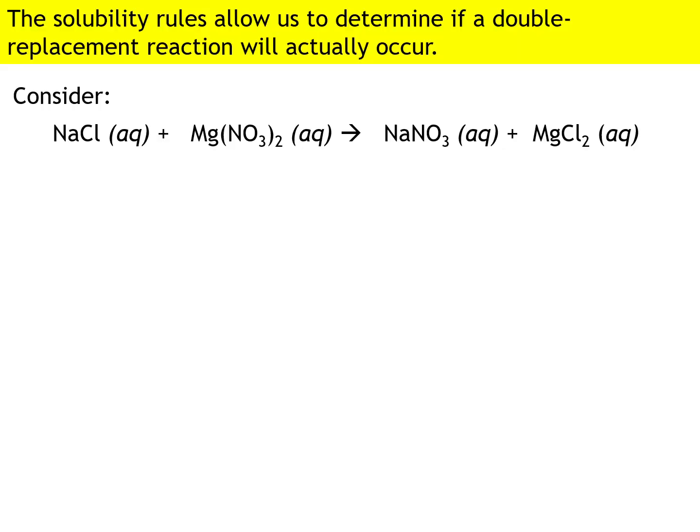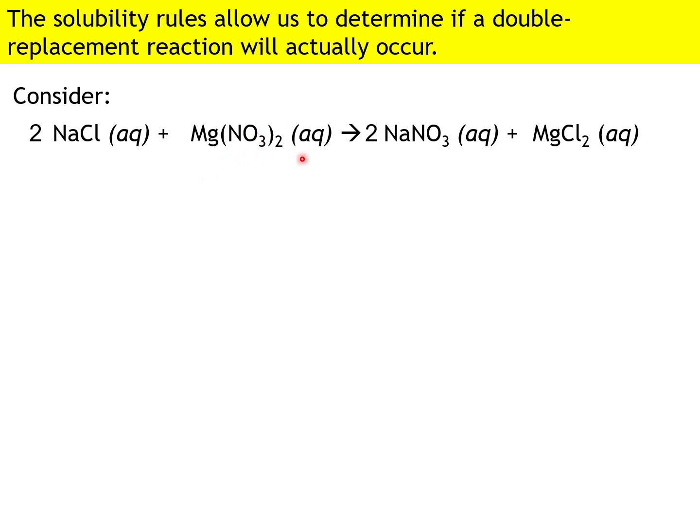All right, so solubility rules allow us to determine if a double replacement reaction actually occurs. So here we have a double replacement reaction. It's not balanced yet, so let's go ahead and balance that, between sodium chloride and magnesium nitrate. Now you can write stuff down on paper, but it doesn't necessarily mean that you actually have a reaction. We started out with sodium chloride aqueous, so solvated ions.